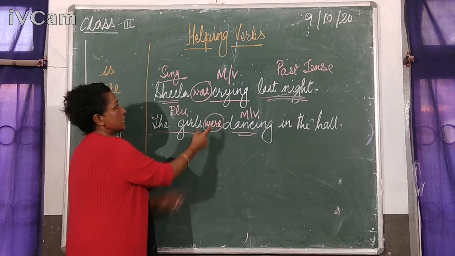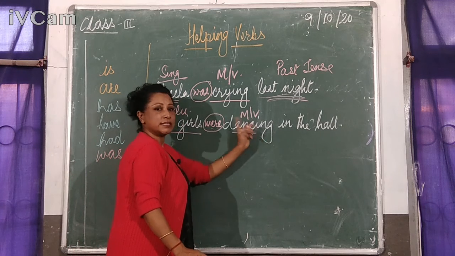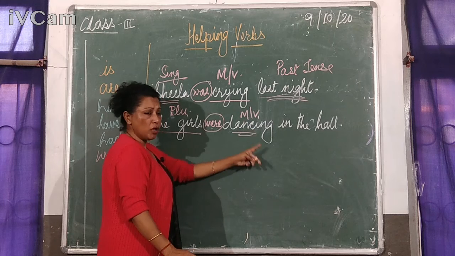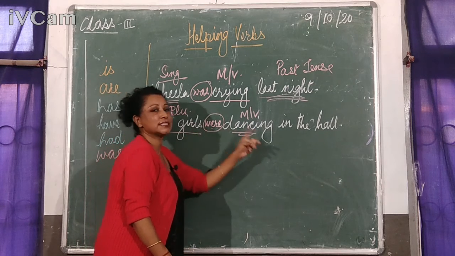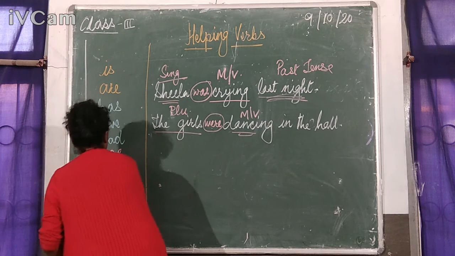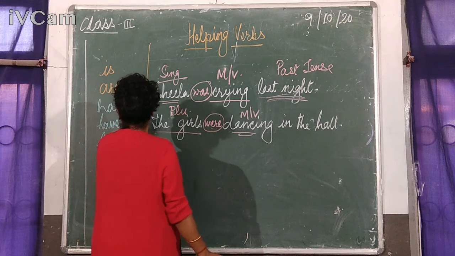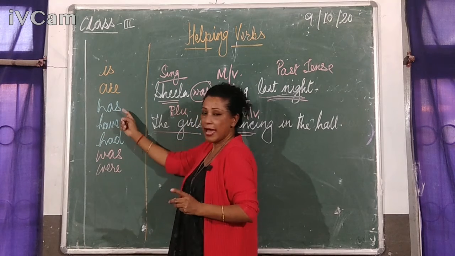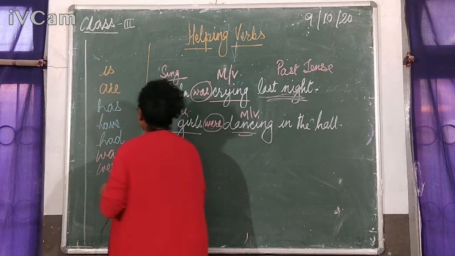So were is another helping verb which helps the main verb make the sentence complete. Is, are, has, have, had, was and were. These are helping words, okay?